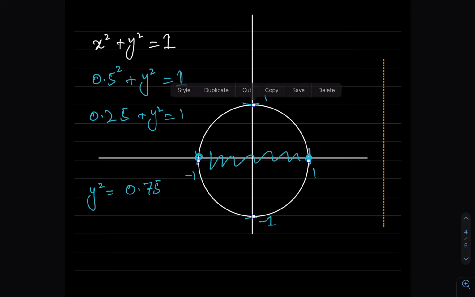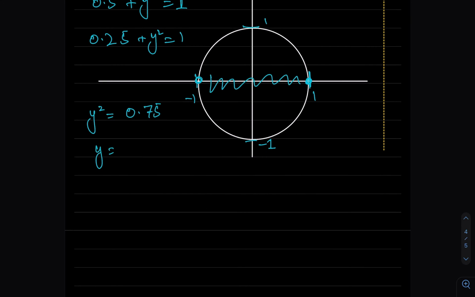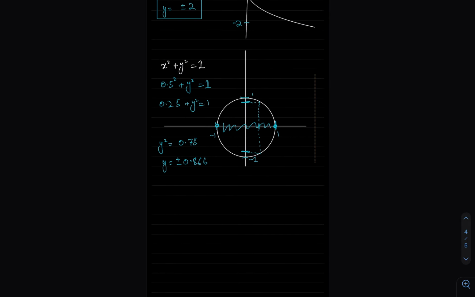Now if you take the square root, you're gonna get some number. Let me find my calculator real fast. Okay, so you'll get the number 0.866, a positive and negative of that. And as you guys can see, it is giving us two outputs right here, right? And for that reason, this is not going to be a function.